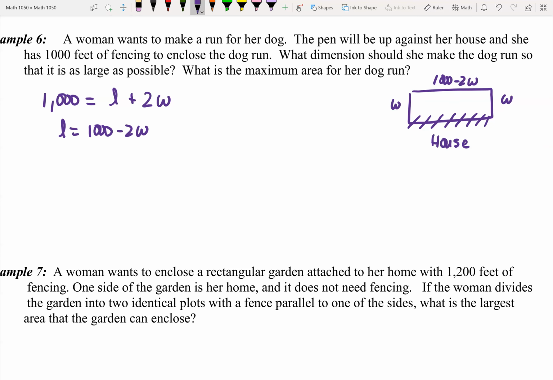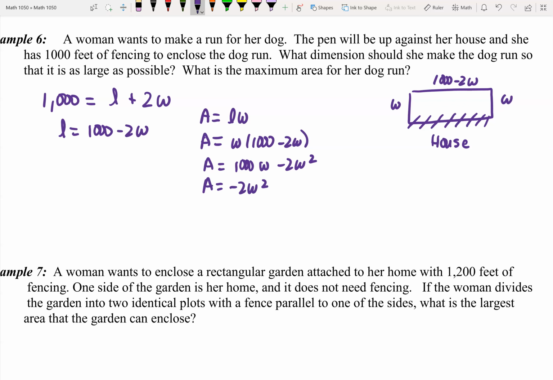You're always trying to maximize the area on these problems. So your area is length times width, which is W times 1,000 minus 2W, which is 1,000W minus 2W squared. Reordered, it's negative 2W squared plus 1,000W.